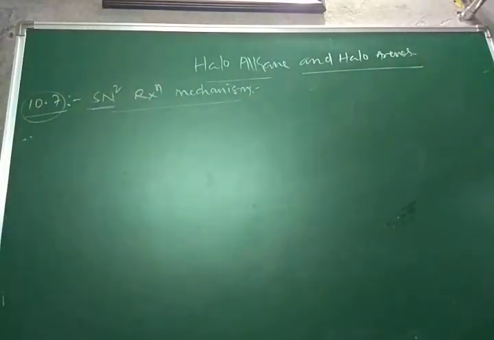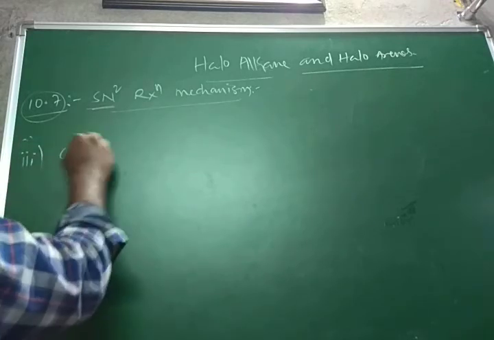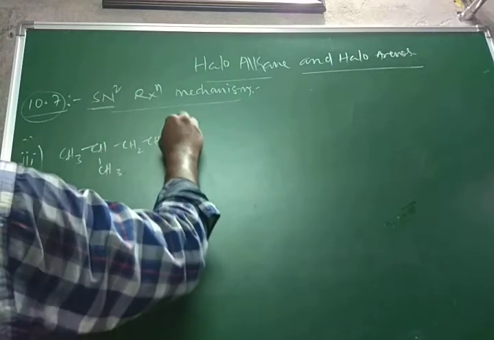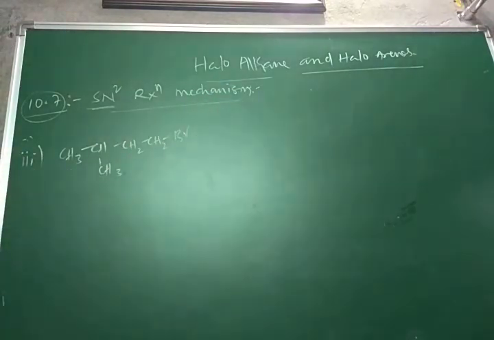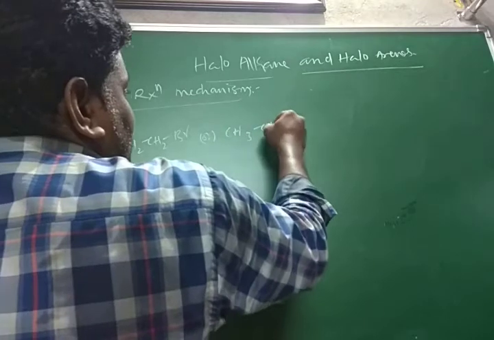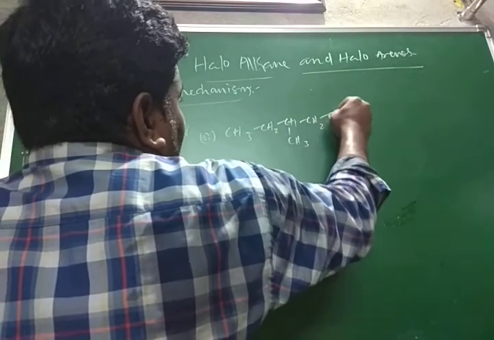The order is similar: primary, secondary and tertiary. The third question is CH3 CH CH2 CH2 Br in this one, and the second one is CH3 CH2 CH CH2 Br.